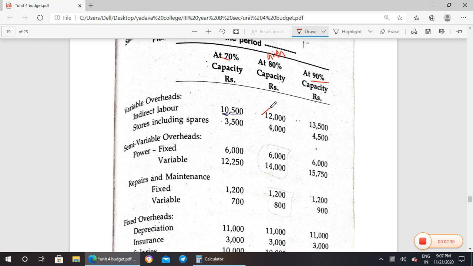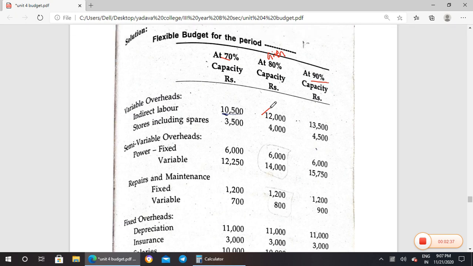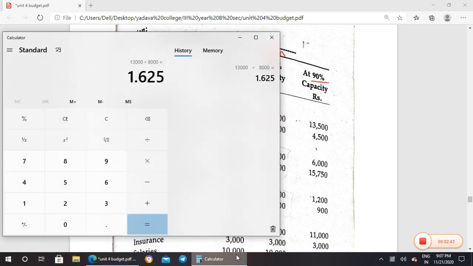If 80% indirect labor is 12,000, how will we calculate for 70 and 90? We'll take a calculator. For 70%: 70 into 12,000 divided by 80, which is the given percentage.